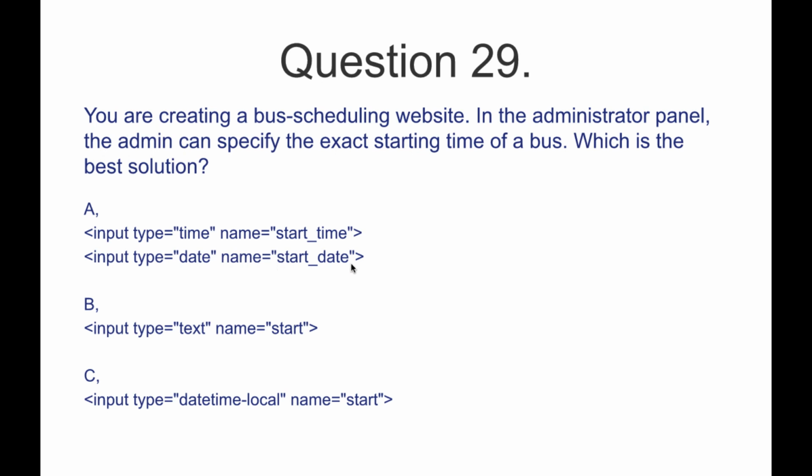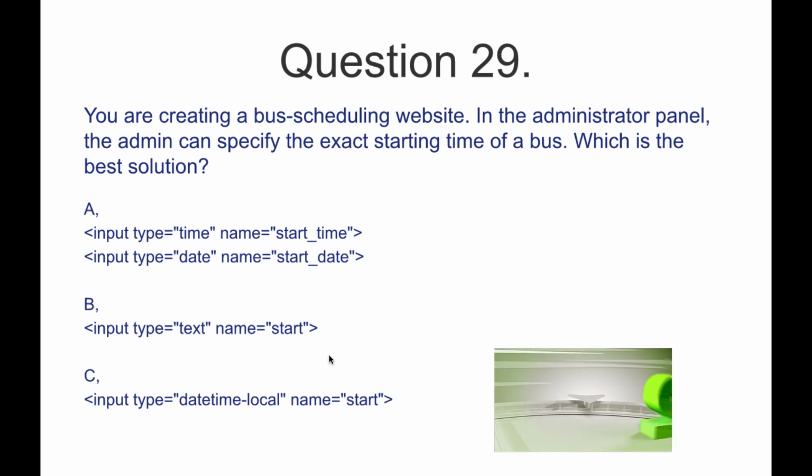The other option for a solution is B. We've just got a text input type, and we're asking for a name for the start. And lastly, option number C, we've got input type datetime-local, and we're using the name equals start. So which is the best solution for this type of panel?